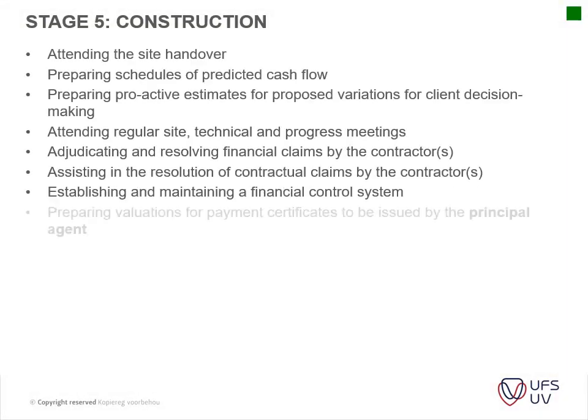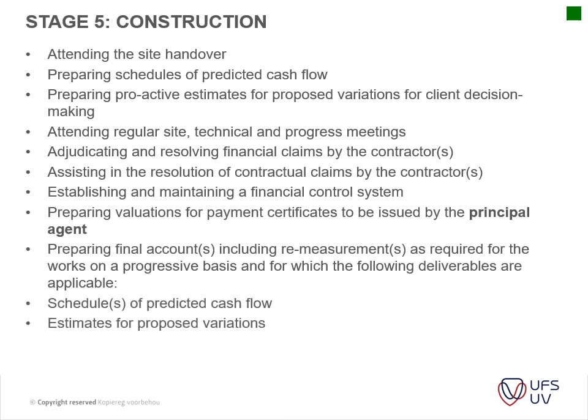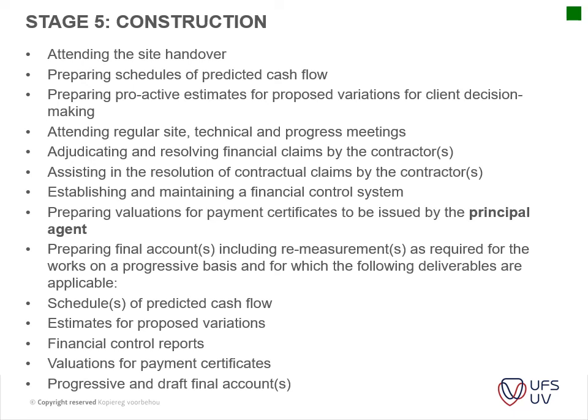Then we get to construction. Okay, and I'm not going to go through this in too much depth. I just want to go to the last one, and there we go. So the schedule of predicted cash flow is usually given. Estimate of the proposed variations. So if there are changes, the QS usually checks whether it's within the budget, and maybe there's a saving, maybe there's some extra costs that come on.